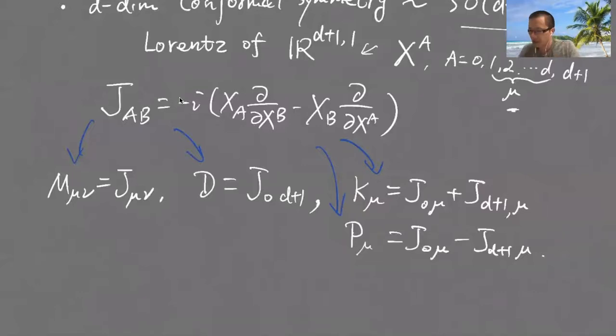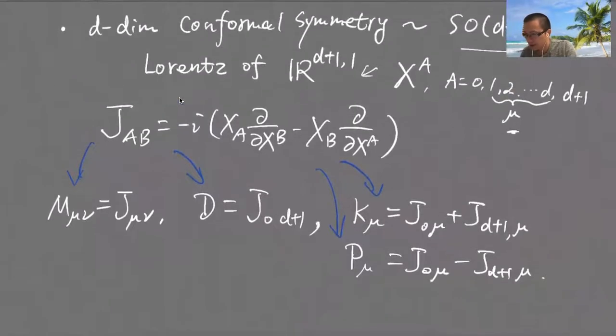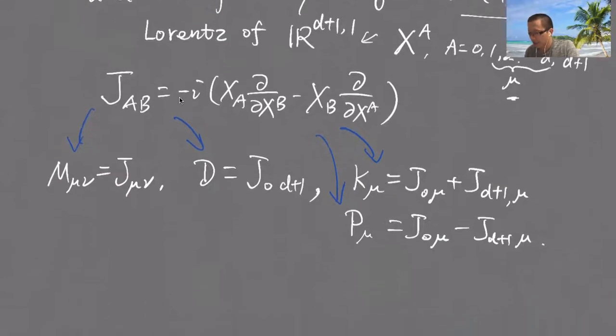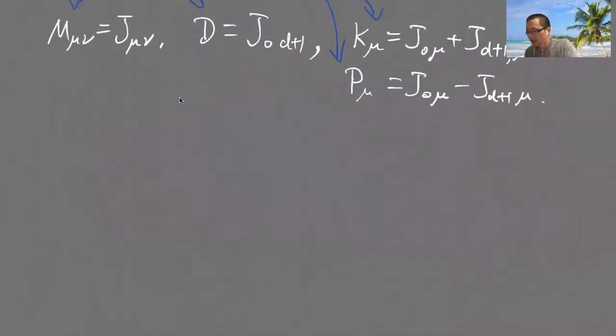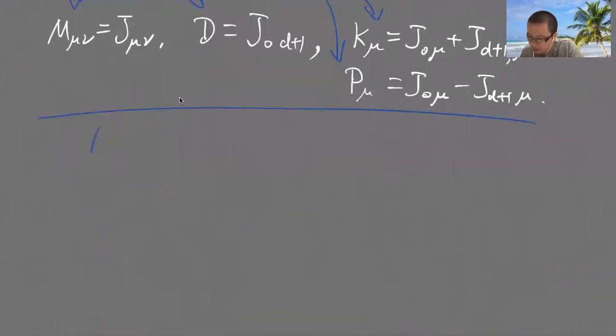That's it. So indeed, we see that the D-dimensional conformal symmetry you can obtain from the SO(D+1,1), the D+2 dimensional Lorentz symmetry. So this idea leads to the so-called embedding formalism.